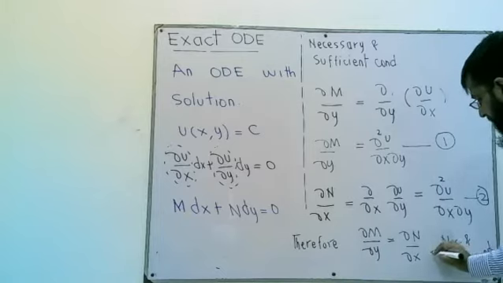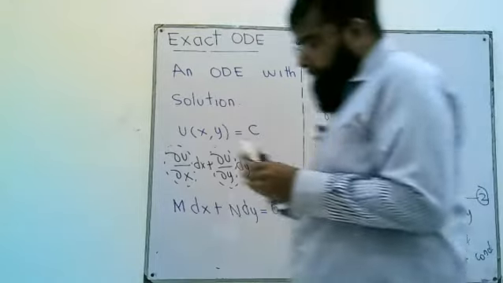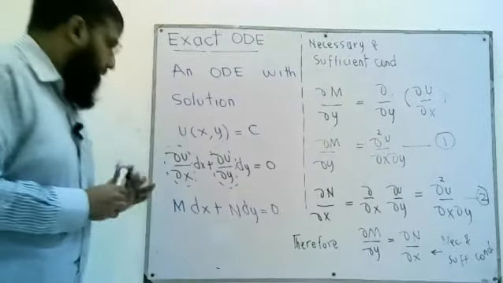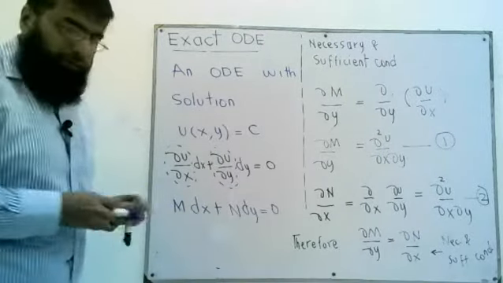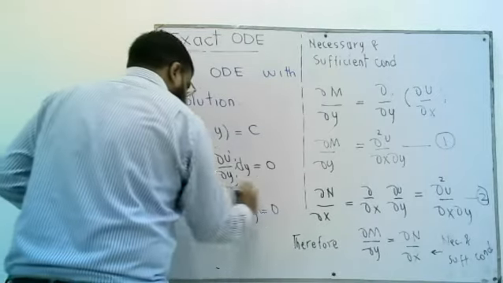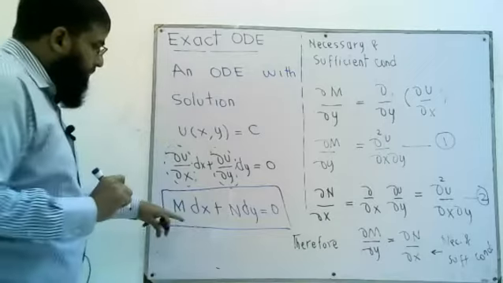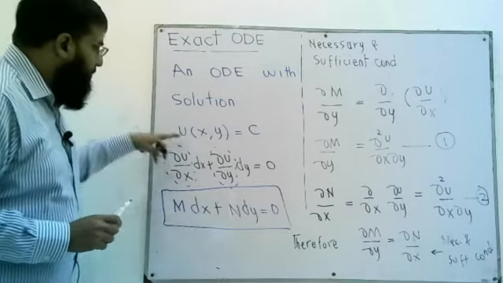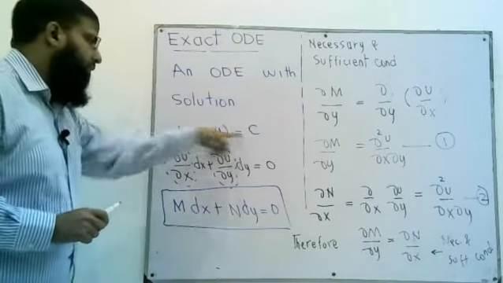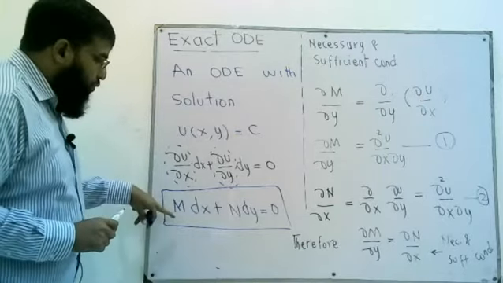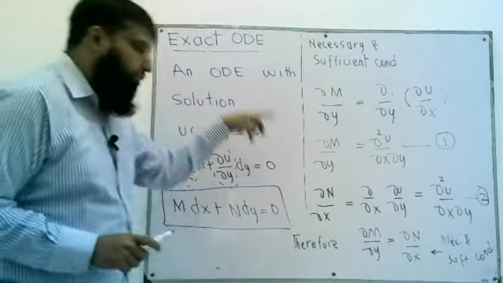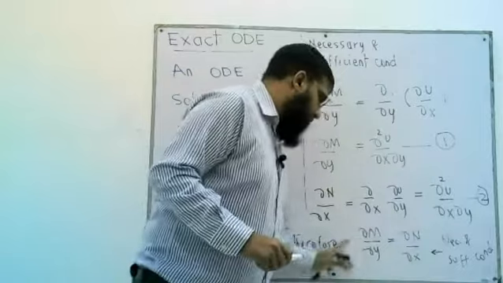This is that necessary and sufficient condition. So we will be given an equation like this, and we think that its solution would be u of x, y is equal to c. But to be confident, we have to first check the necessary and sufficient condition.